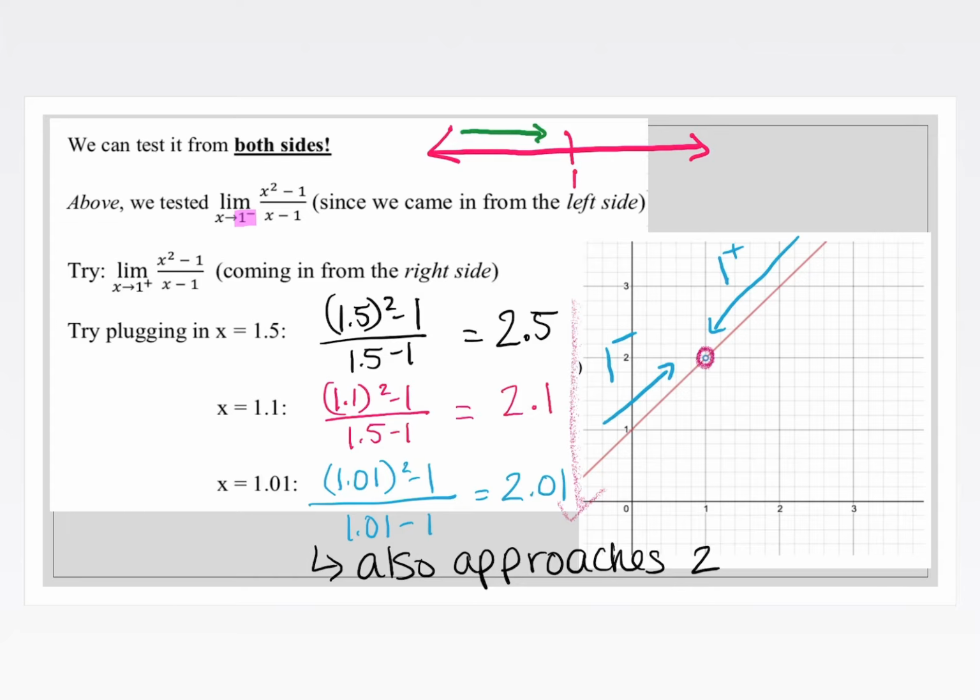Because we came in from the left side and the right side, we can accurately conclude that the limit as x approaches 1 of x squared minus 1 over x minus 1 equals 2.